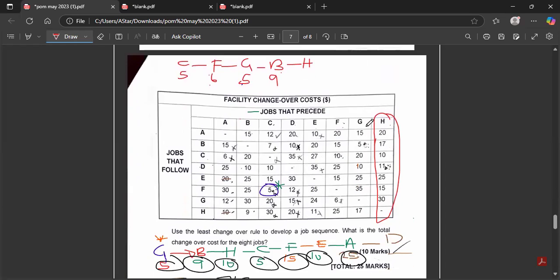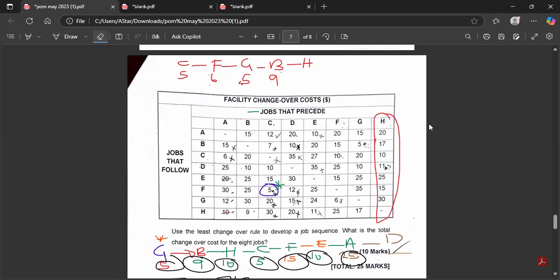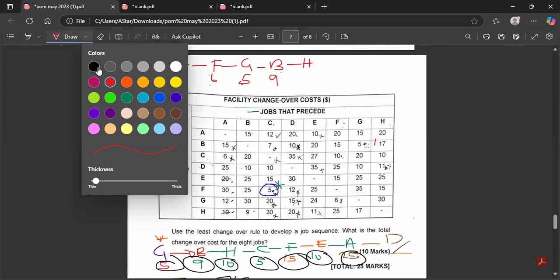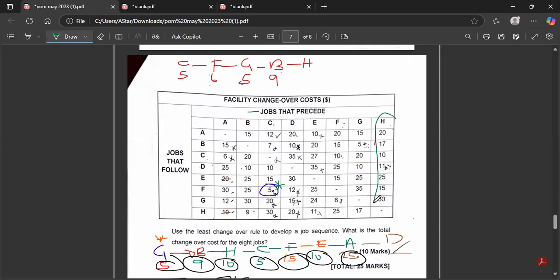Not a problem. So H, what's the smallest cost? What's in H?